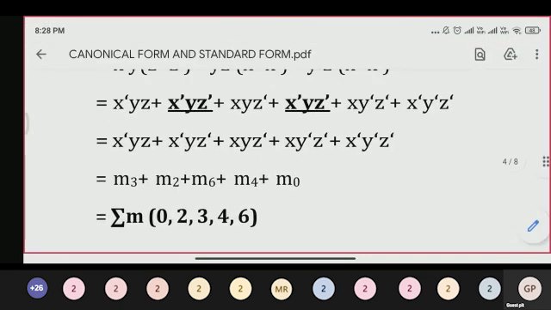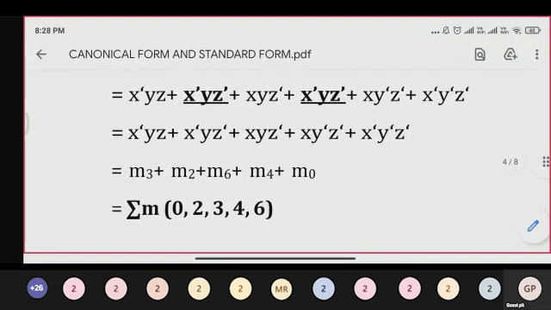Now we need to write the corresponding min terms for each product term. x bar y z is nothing but 0, 1, 1. 0, 1, 1 represents the min term M3, and x bar y z bar is nothing but 0, 1, 0. 0, 1, 0 is nothing but M2, and x y z bar is nothing but 1, 1, 0. x y bar z bar is 1, 0, 0.